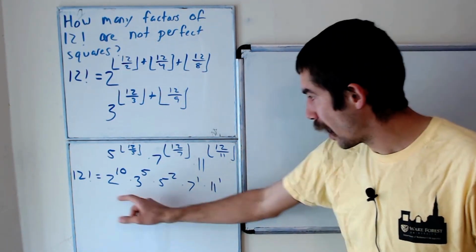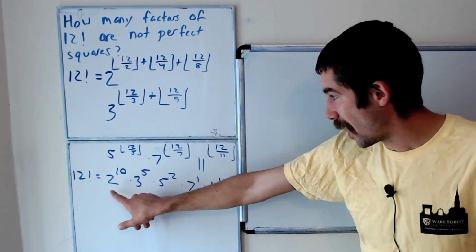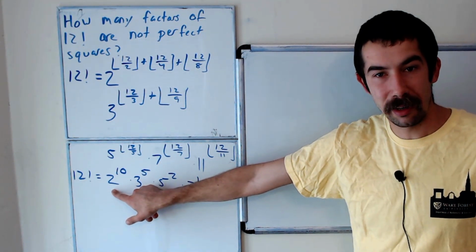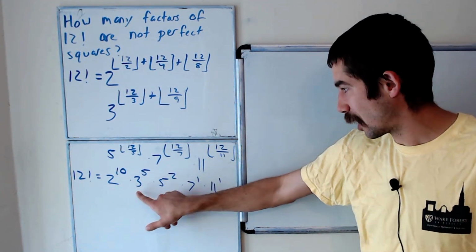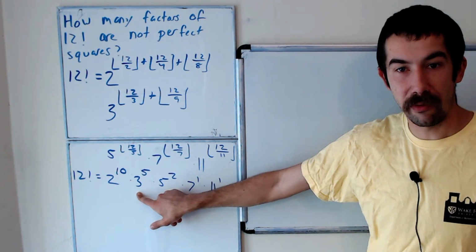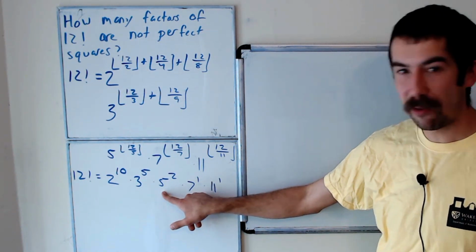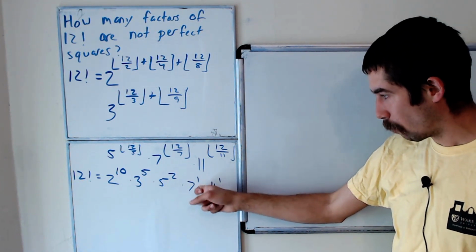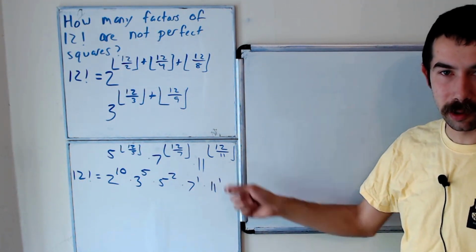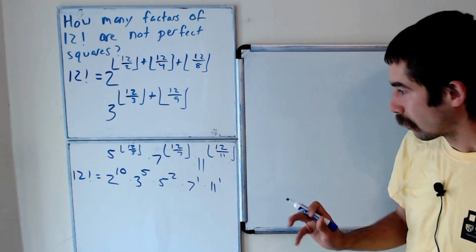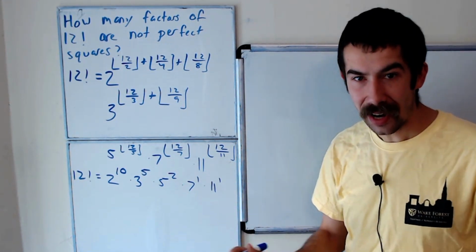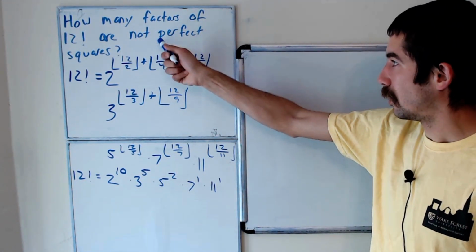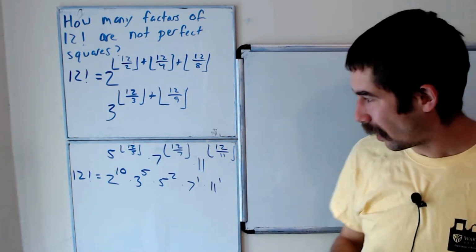Because any factor of 12 factorial has an exponent of 2 between 0 and 10, an exponent of 3 between 0 and 5, an exponent of 5 between 0 and 2, and either 0 or 1 for the exponent of 7, and 0 or 1 for the exponent of 11. So the total number of factors, this is not the answer, but this is just the total number of factors.